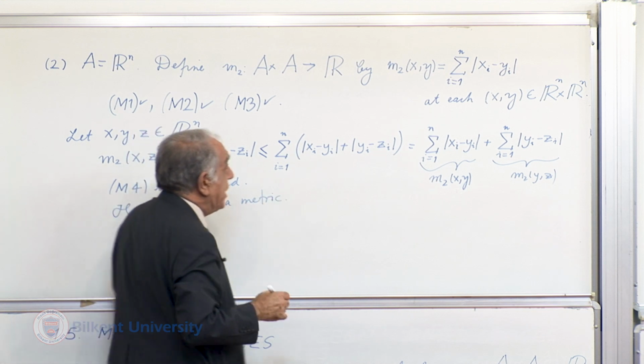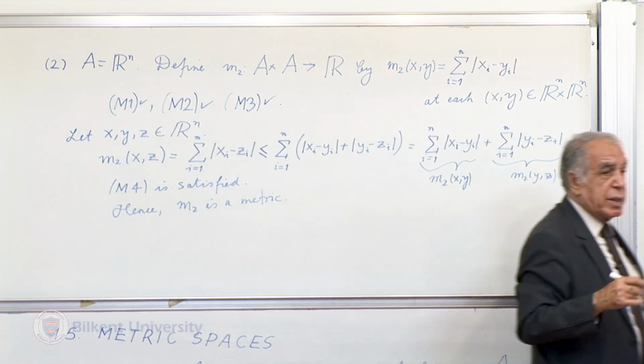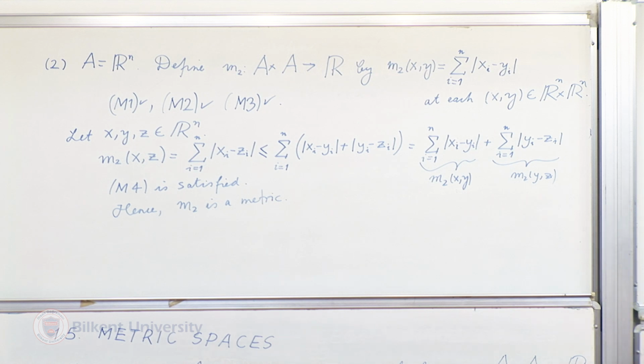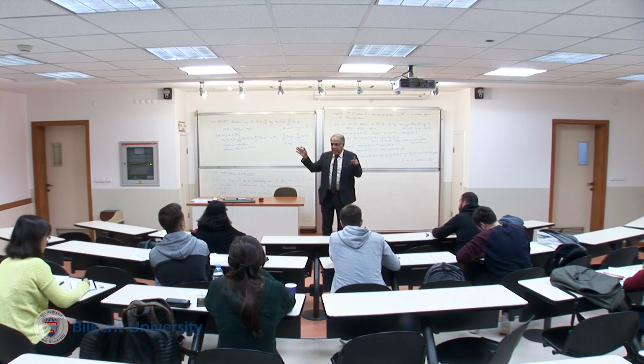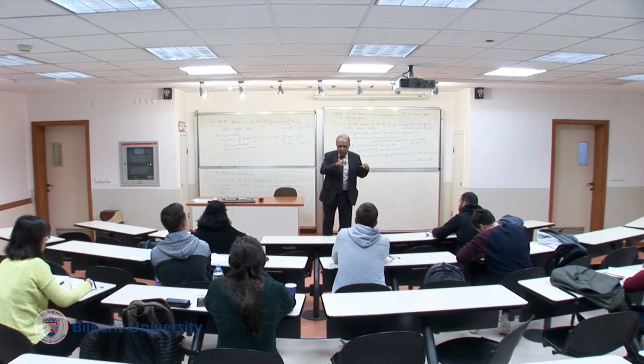Well, M2 is a metric which seems to be closely related to the usual distance. It's different than that as a function. But we'll see they're equivalent in a sense, not today, but on Thursday.